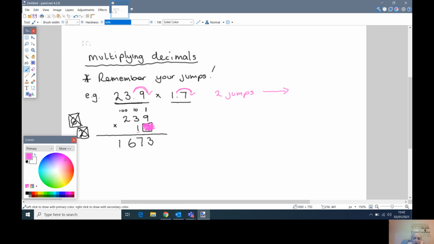So we're moving on to the 1. Now with the 1, remember it's not a 1, it's a 10. So we're going to take this 0 here and we're going to put it here. And now we are working with 1.